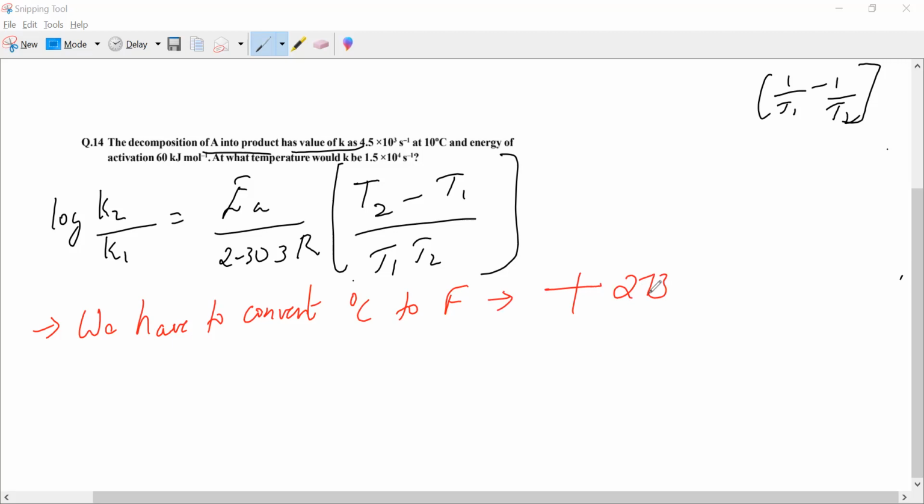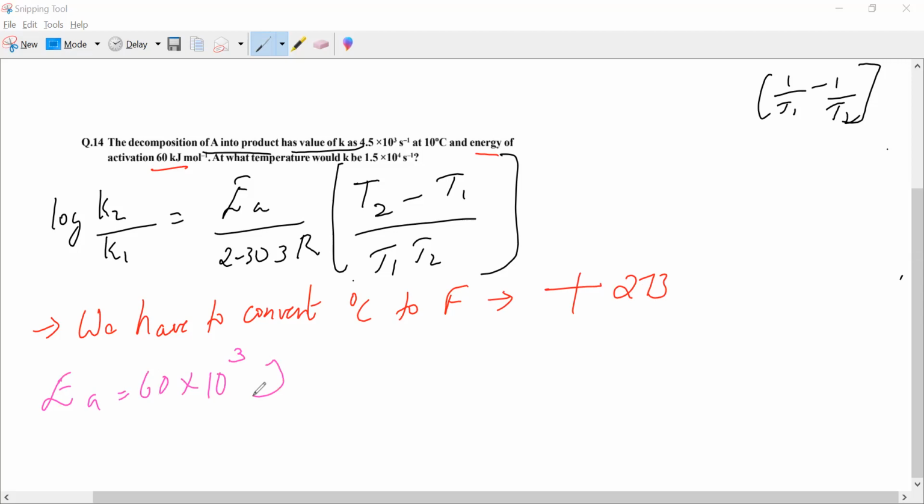Then the energy of activation is 60 kilojoules. So EA is 60 into 10 power 3 joules, kilojoules so into 10 cube.